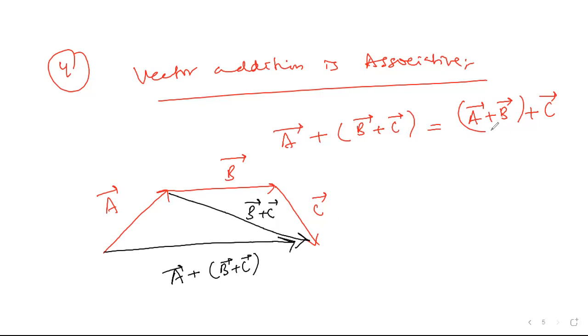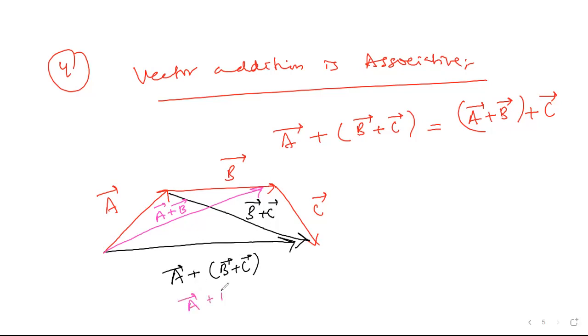Let us find the right hand side vector. So in right hand side, I have to add first A with B. So from triangle law, let me use another color. In this color, this vector is A plus B, right? From the tail of A to the tip of B, this is A plus B. And you add A plus B with C in right hand side. So tail of C is on the tip of A plus B. So from triangle law, this is same.